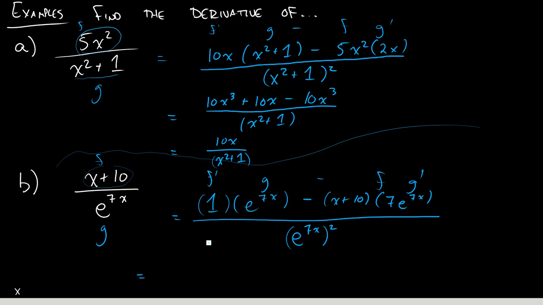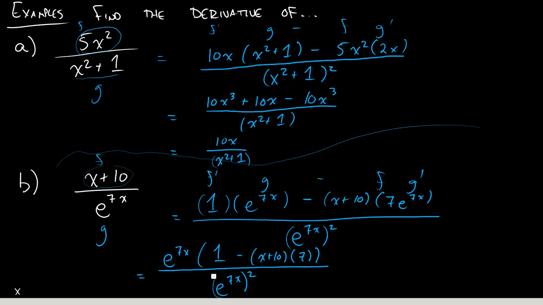And I can in fact pull it out, right? So I can do e to the 7x, and then I'll have 1 minus x plus 10 times 7. Now you should verify that e to the 7x times this is going to give you the same thing above. And it does. And this is all going to be divided by e to the 7x squared.